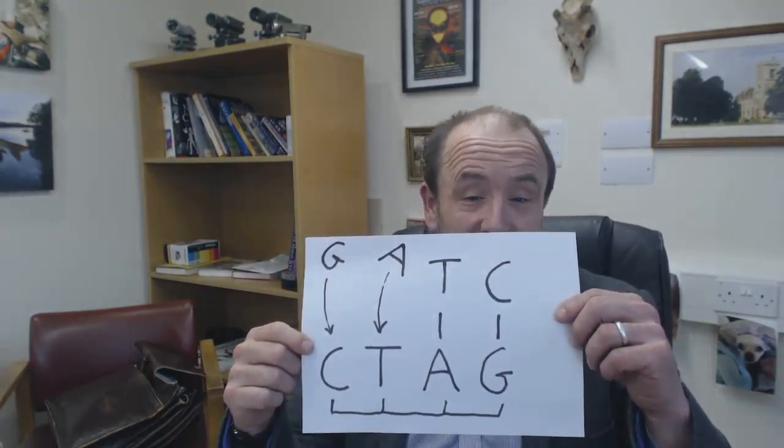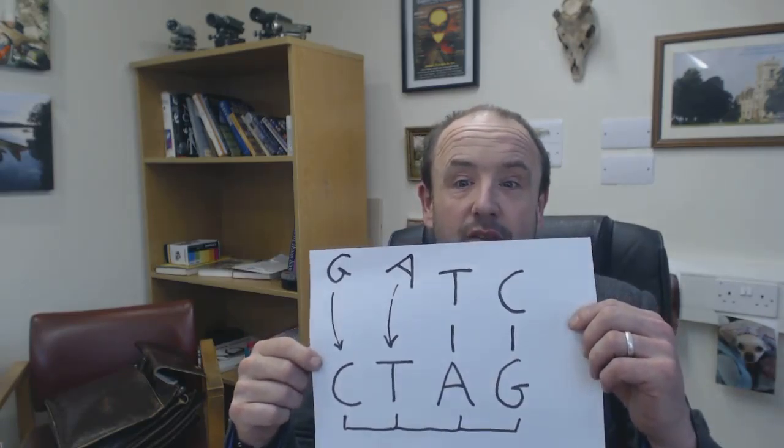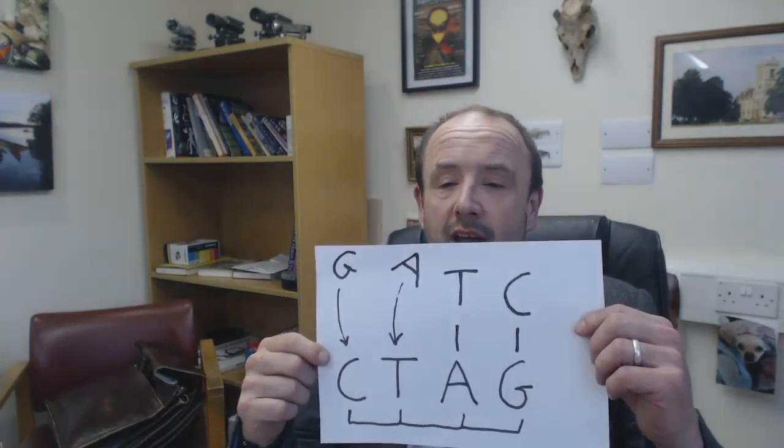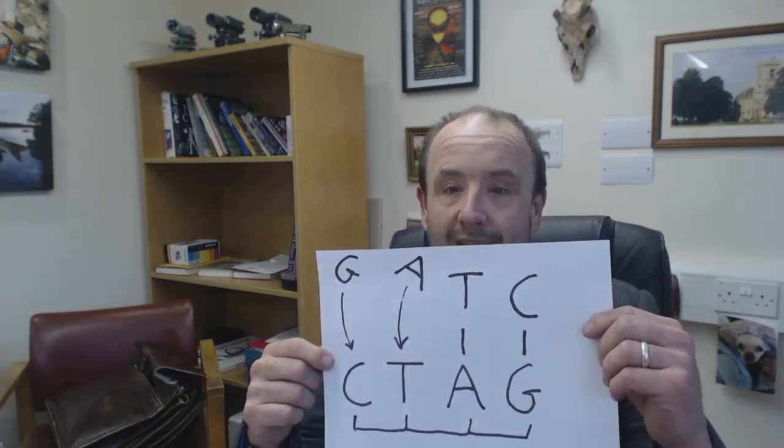So guanine, adenine, thymine and cytosine, those are the four main bases. C's join with G's, T's join with A's, and vice versa.